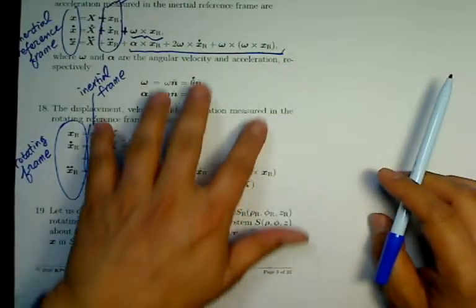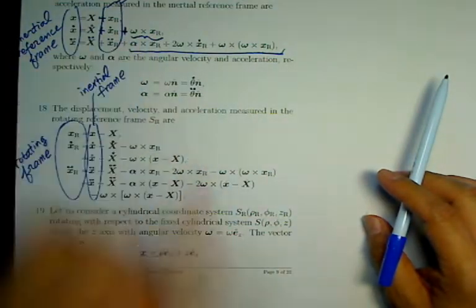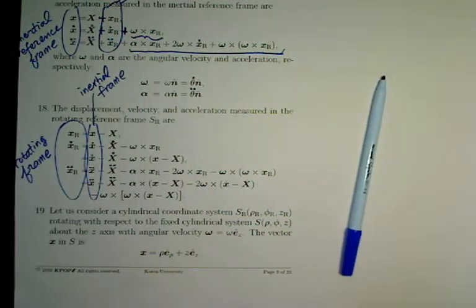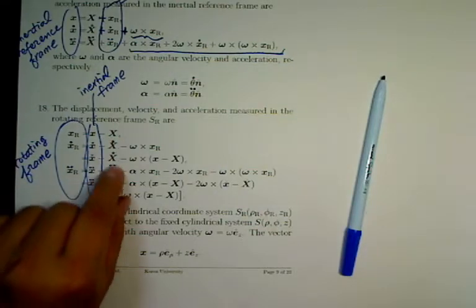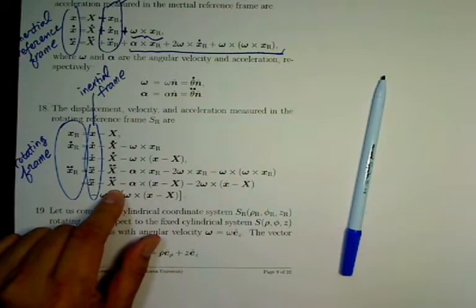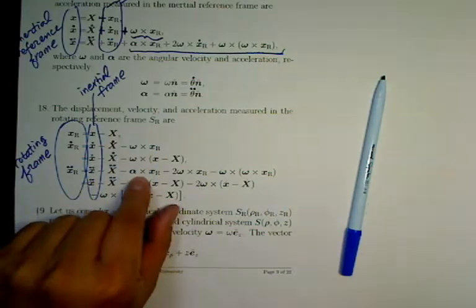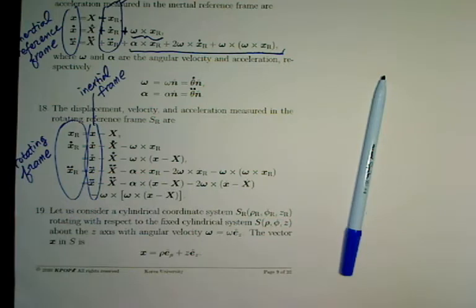So if I move everything to the left hand side except for the values measured in the rotating frame, we have the inertial frame value subtracted by the origin's motion and additional contributions coming from the rotation.